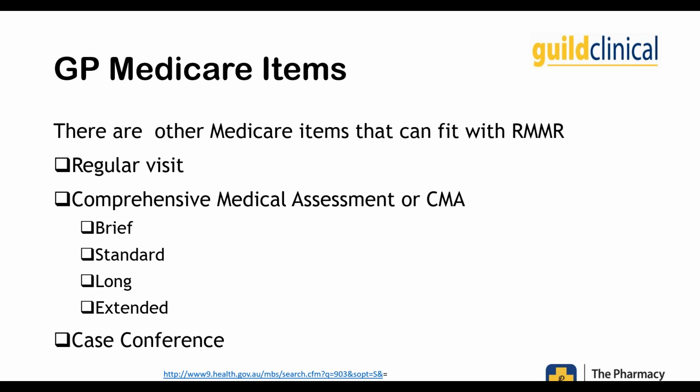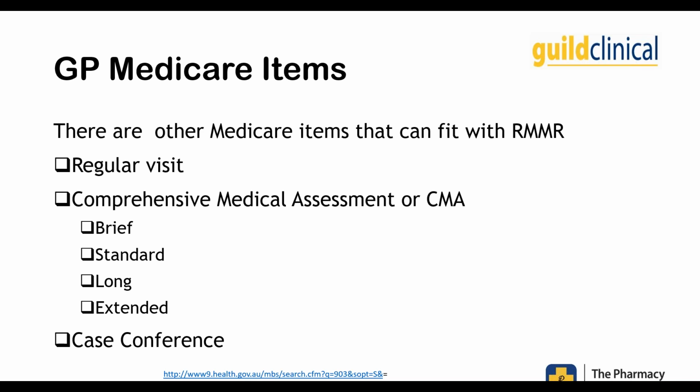And of course, a case conference. Case conference is where the GP has two other people and they talk about the resident. So it can be a nurse and the pharmacist, or their own nurse and another nurse at the facility. But it's often the pharmacist that's involved in these case conferences.